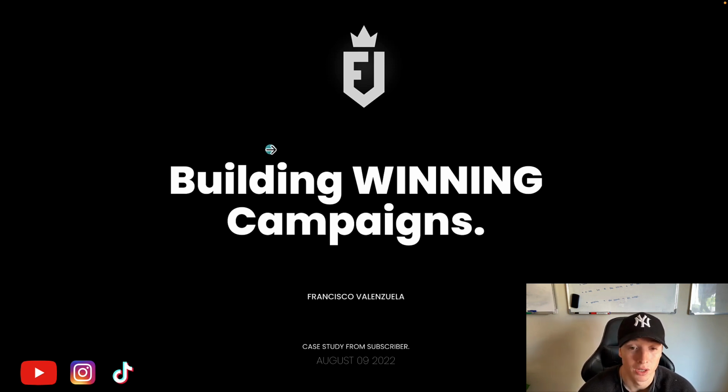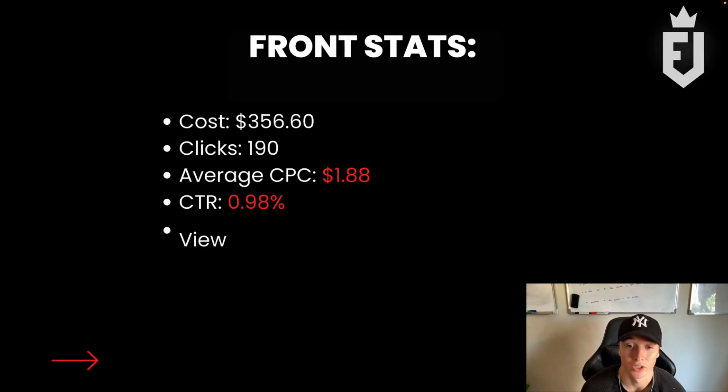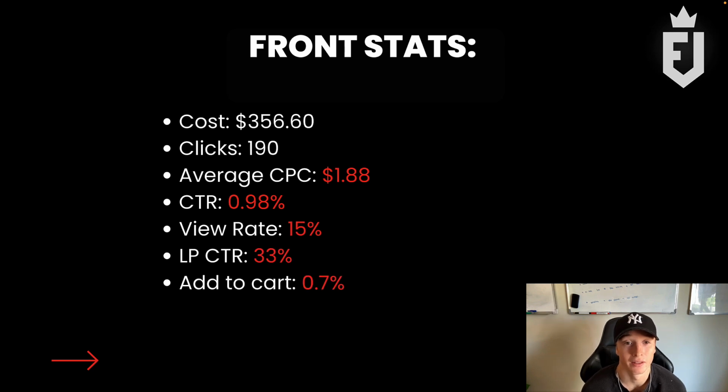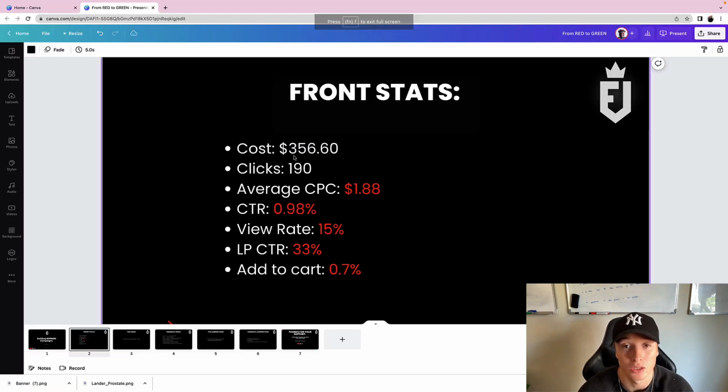Okay, so let's see. These are the stats the subscriber sent me, and this is the front end stats. There's a lot of information, but the only thing missing was where the ads are being shown on Google. Let me show you real quick how you can look into that.